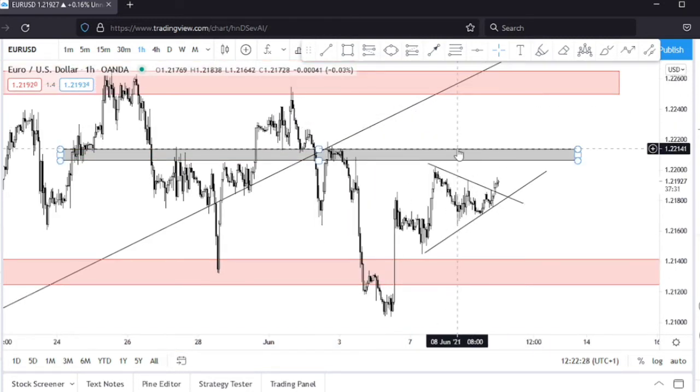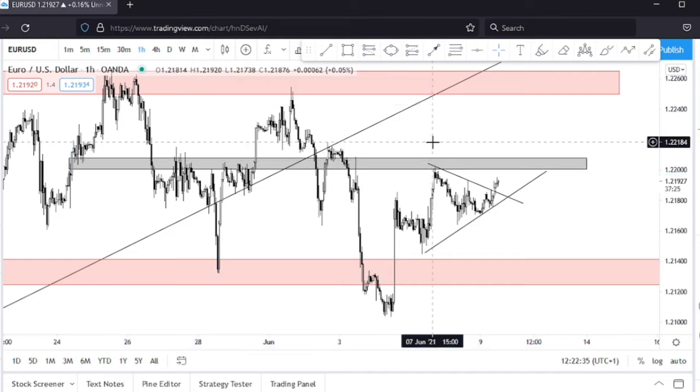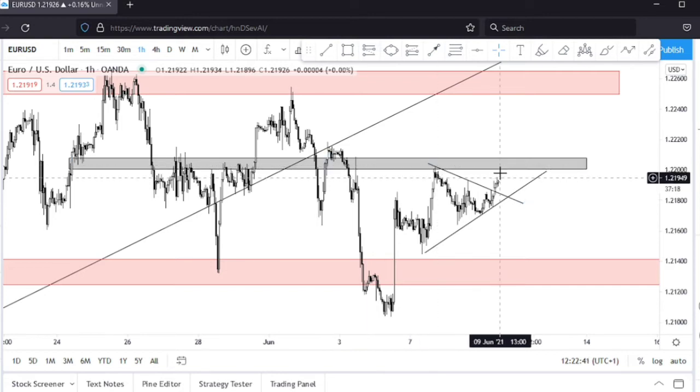Great. These are areas that price has reacted to several times. Anytime price gets here, there's some sort of reaction, and price is heading towards that area. So when price gets towards this area, there may be some sort of reaction.